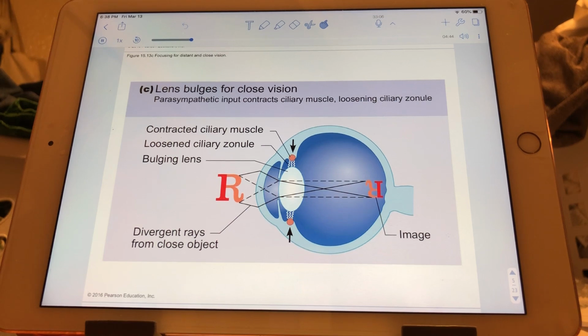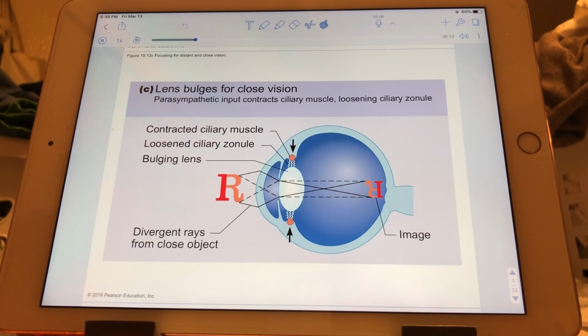Anywho, if we want to focus for close vision or near vision, well, that's overseen by the parasympathetic nervous system. And this time around, we want that lens to bulge. We want it to be relatively thick, okay? And in order to achieve that, what we're going to do is we're going to wake that magic marionette up.